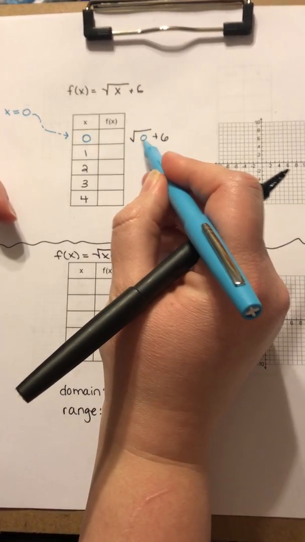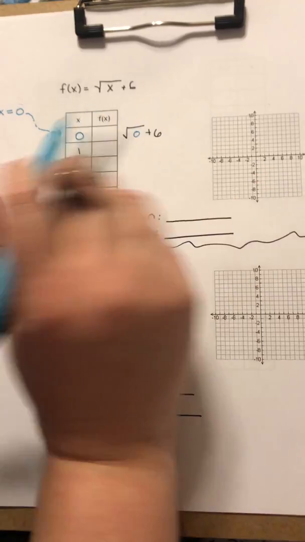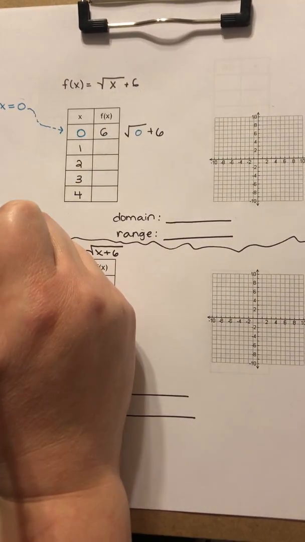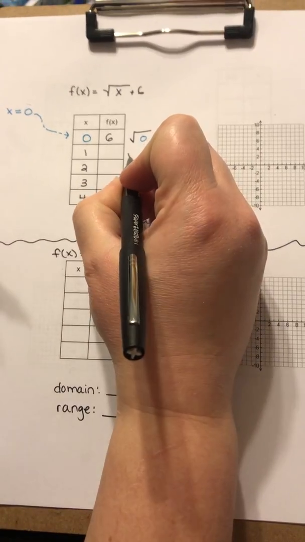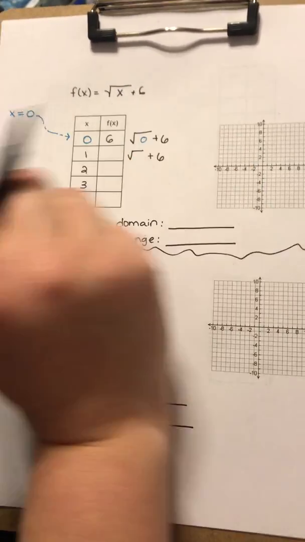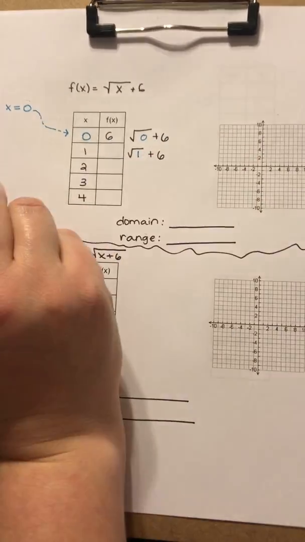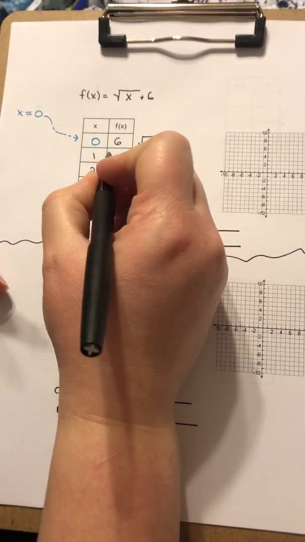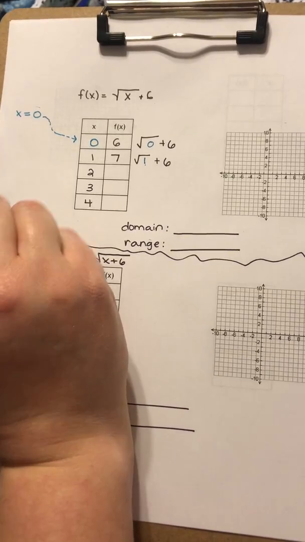The square root of 0 is 0, plus 6, so that'll give me 6 as my y value. For the next part, we're going to plug in the 1. So the square root of 1 plus 6. Square root of 1 is 1, plus 6 more is 7.